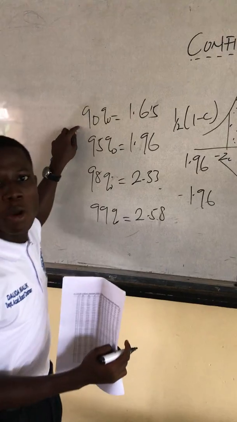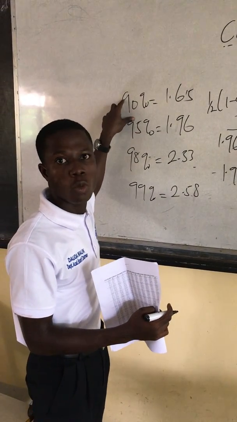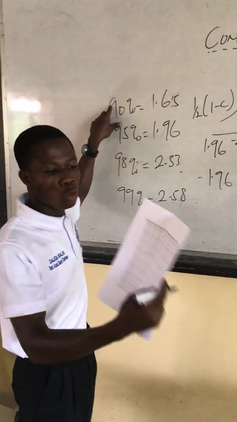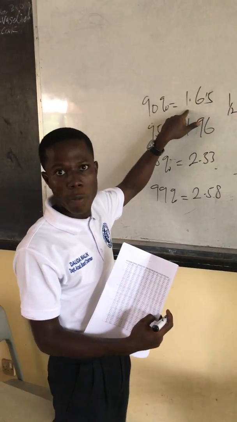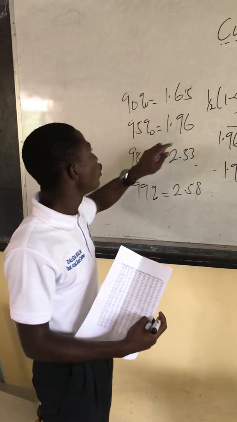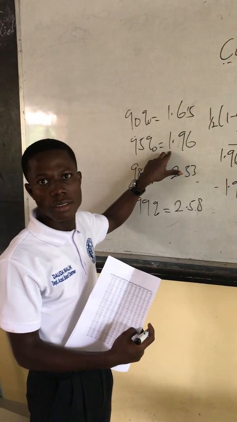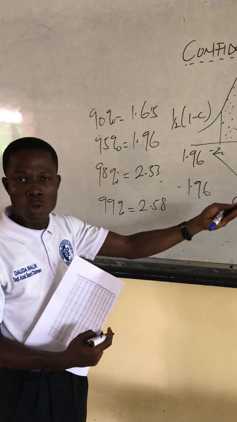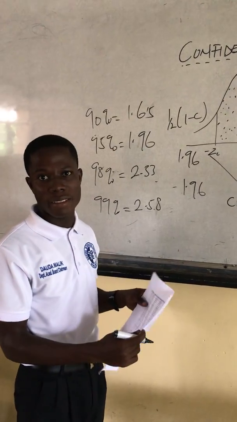So anytime you are given a confidence level of 90%, don't waste your time to solve it, or you can even solve and confirm that it's 1.645 or 1.65. Anytime you are given a 95% confidence level, it's 1.96. I just solved, and now you know that I'm correct. That's how we find the critical values.